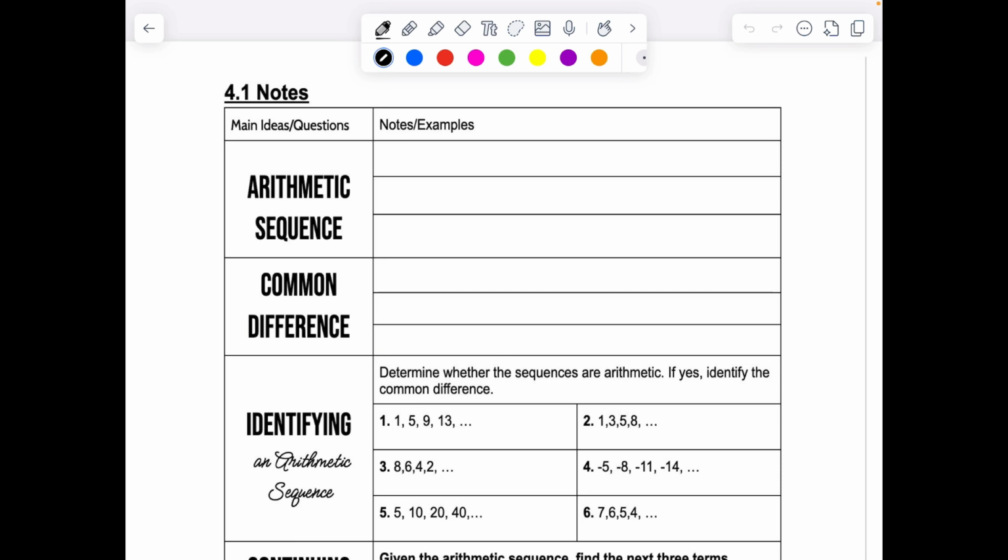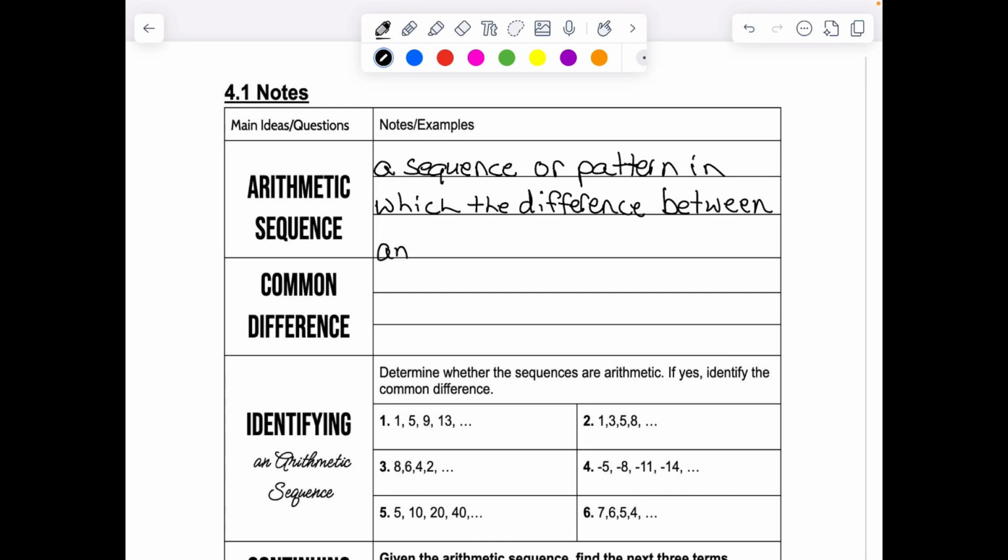An arithmetic sequence is a sequence or pattern in which the difference between any two consecutive, that means next to each other, terms is constant.